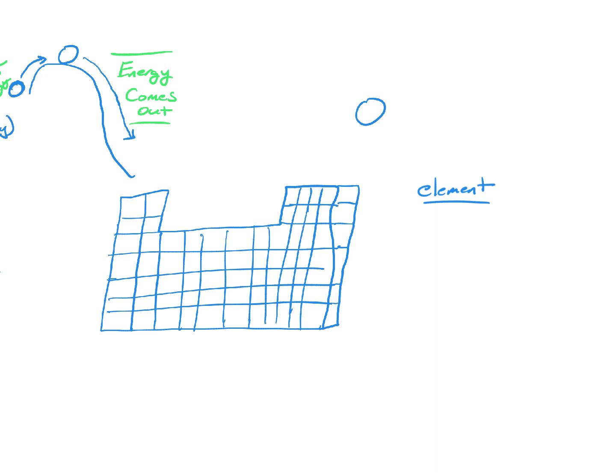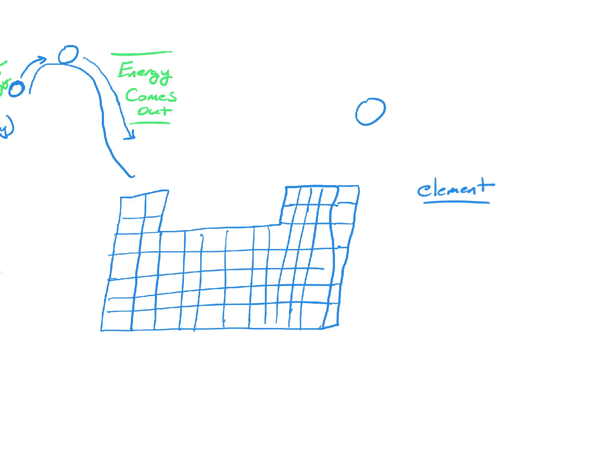I can't break oxygen up anymore. I could break it up, but then it's not oxygen anymore. Does that make sense? So elements are the most fundamental things we can break down until we would lose the properties of the substance.